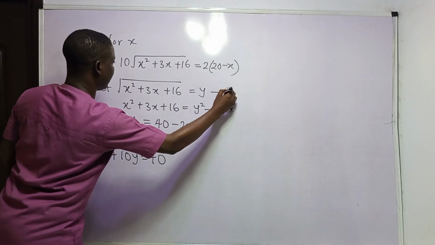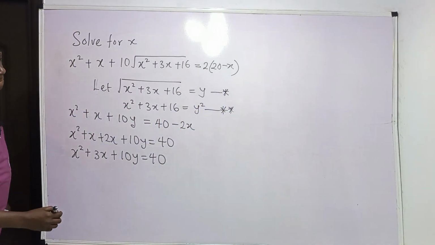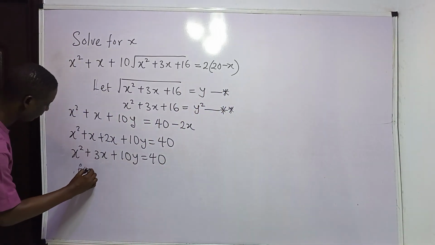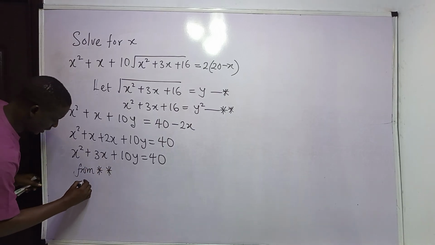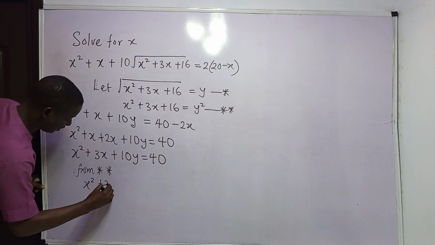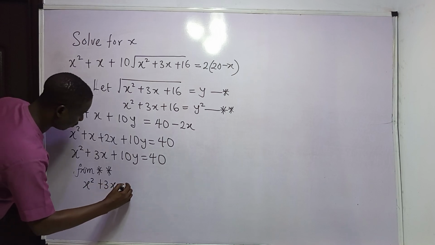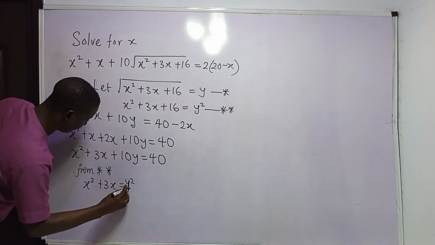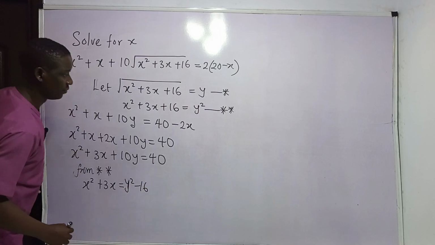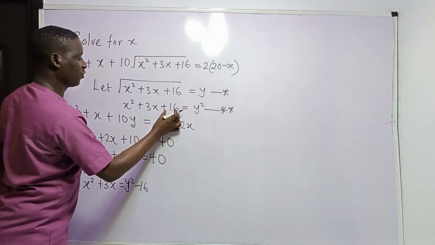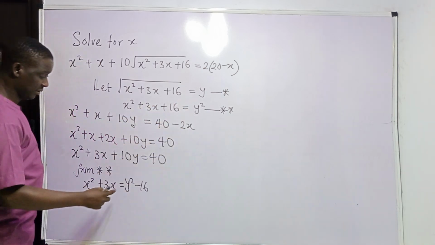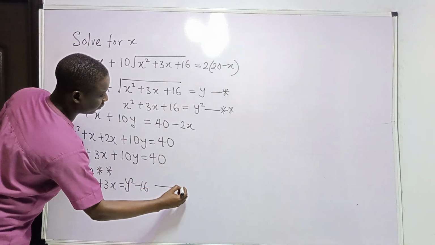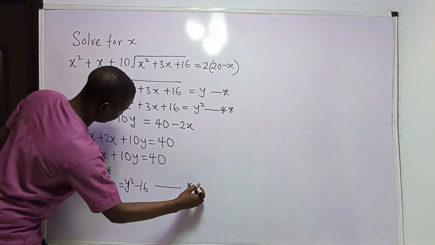From this star, what we want to have now is x squared plus 3x equals y squared minus 16. That is to say, if you subtract 16 on both sides, this is what I want to have. Let's call this one star.